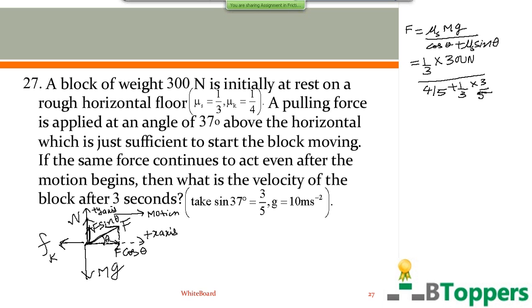The vertical component of the pulling force will have magnitude F sin theta, directed vertically upwards. If you simplify this equation on the right side, you get F equal to 100 newton.